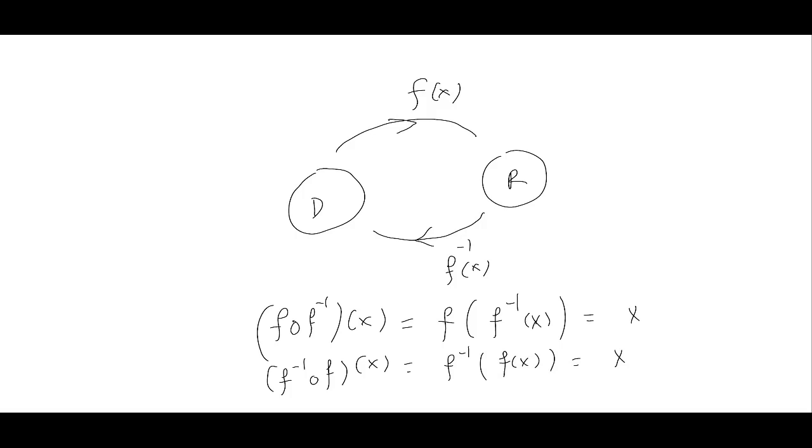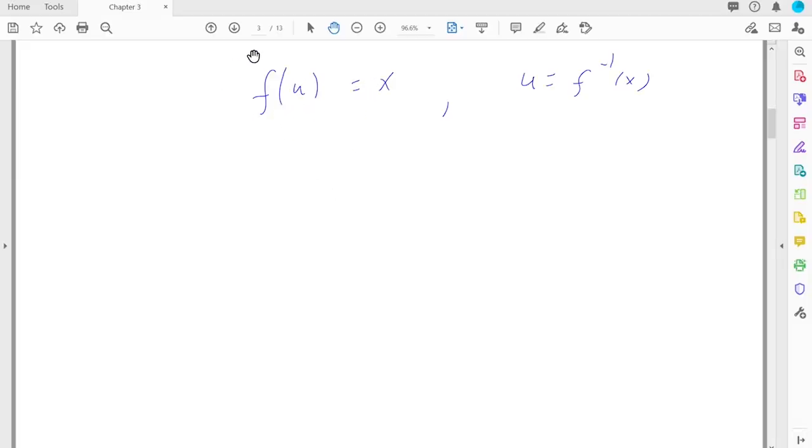To go further, let's assume that u is f inverse of x. That's the notation I'm using. Because of this relation, we can say f of u is equal to x. Now we can find the derivative of the inverse by using the chain rule.